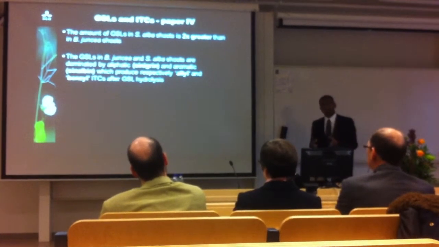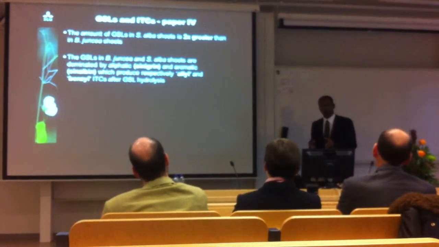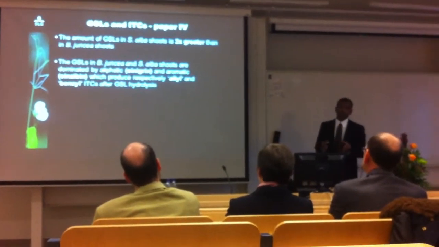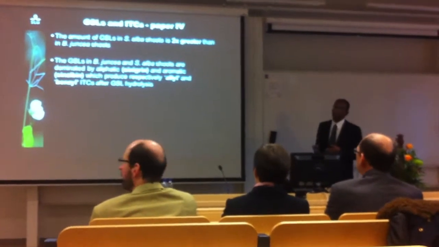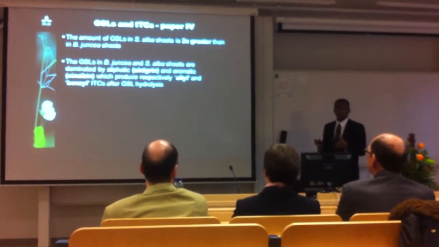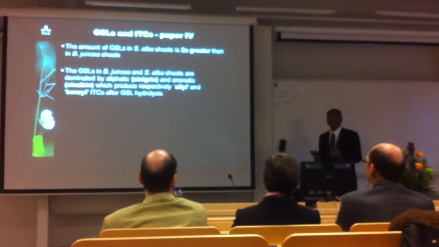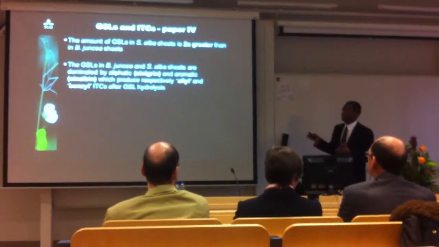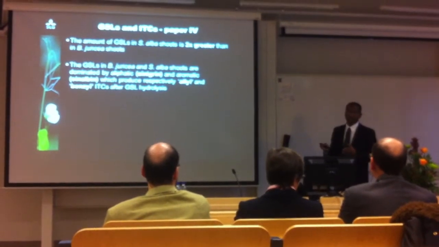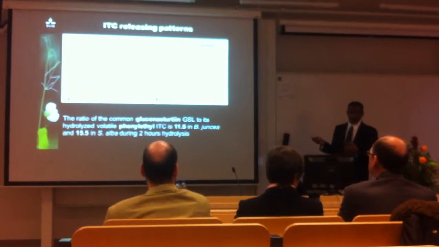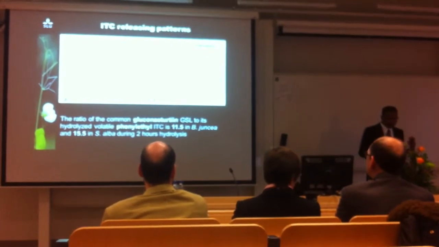After hydrolysis, this particular parent glucosinolate produced aromatic benzyl isothiocyanates. On the other hand, Brassica juncea is dominated by aliphatic sinigrin glucosinolates, and after hydrolysis, it produced allyl isothiocyanates. So here are the interesting results.